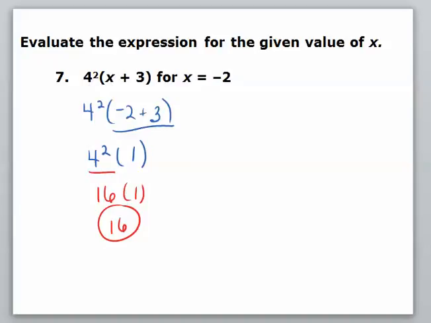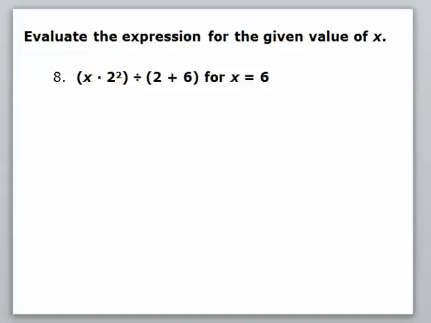In the next problem, I have x is 6. So I've got 6 times 2 squared divided by, and then I have 2 plus 6. So I've got parentheses here. This one's not so big of a deal because it's just all by itself. Whereas this one, I've got powers and parentheses.